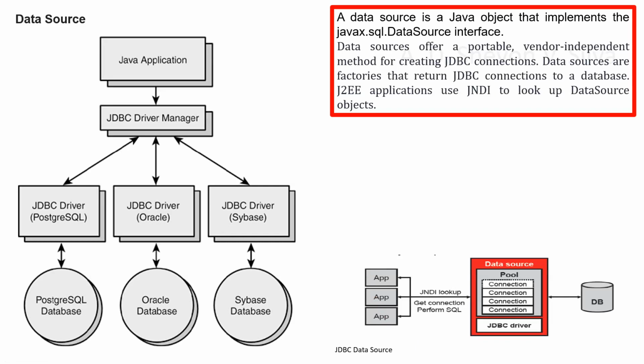What is a JDBC data source? Here they enable database connectivity to be managed by the application server and are obtained by applications from the server's JNDI tree.